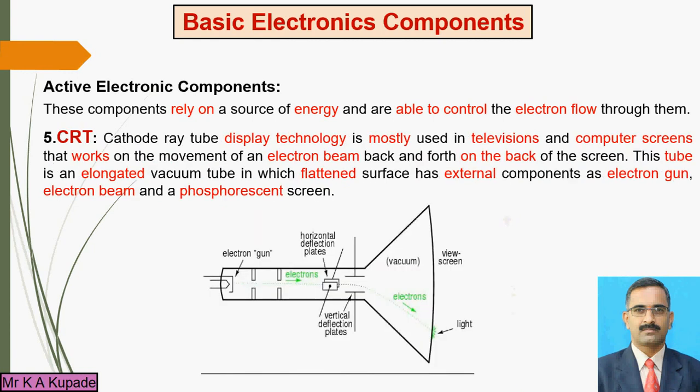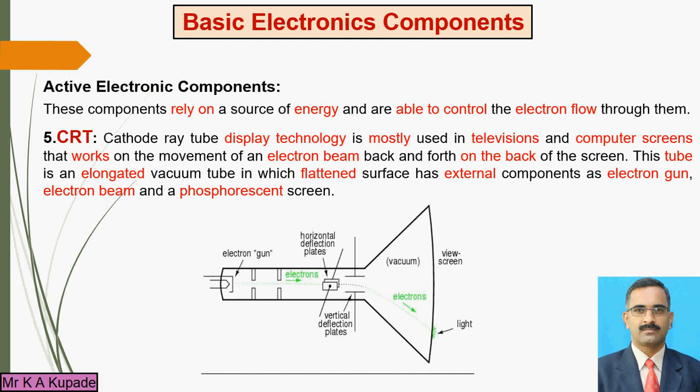Now, I just mentioned the CRT monitor. Cathode ray tube display technology is mostly used in television and computer screens, which works on the movement of an electron beam back and forth on the back of the screen, that means the backside of that screen. During that movement, the electron beam illuminates the screen.